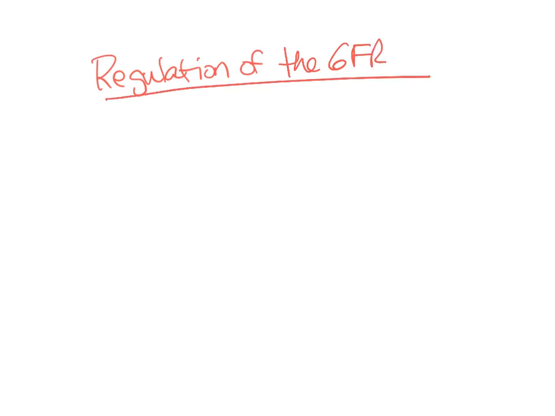So now we have to look at the regulation of the glomerular filtration rate, right? So we're going to look at regulation of the rate. There are 3 levels of control that will affect the glomerular filtration rate. The first one is called autoregulation.